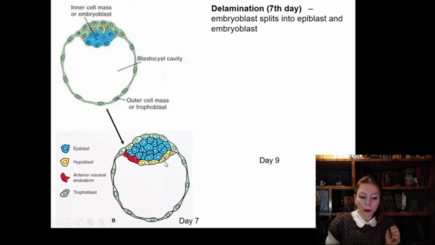And this is a very important stage, because those inner cell mass cells, those embryonic stem cells, if we take them out, as you remember, they were pluripotent. Now they are not equal, and among them we can distinguish different subtypes, and the process of the formation of the epiblast and the hypoblast we call delamination, and it takes place on the 7th day of development.